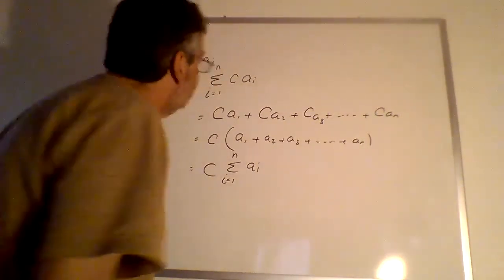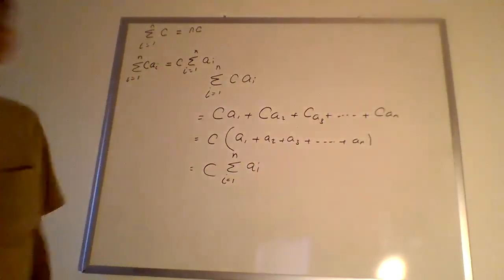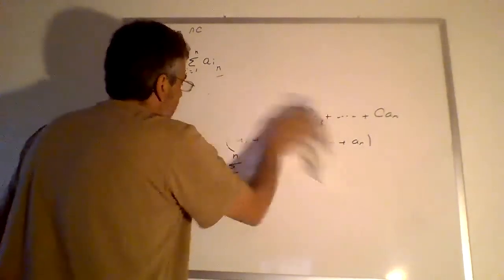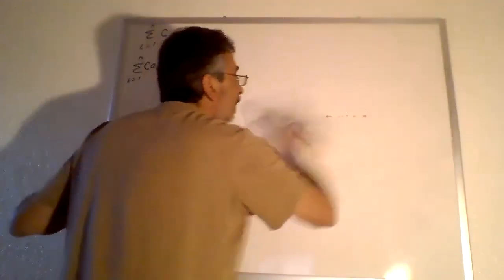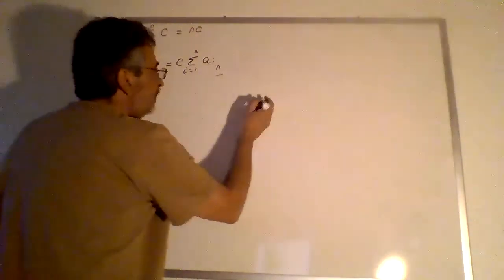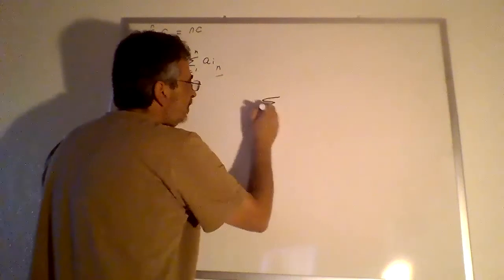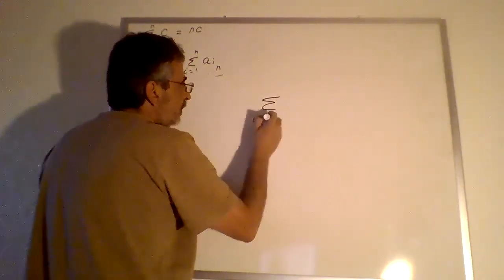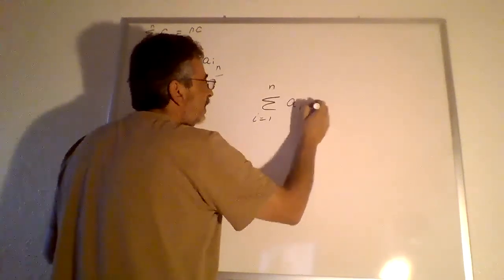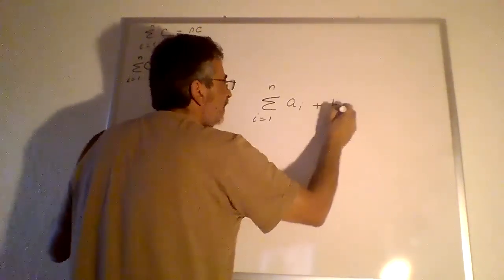Suppose we have another property. We have some kind of sequence. Suppose we have summation i equal 1 to n of a_i plus b_i.